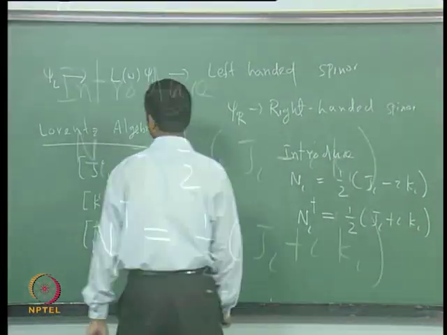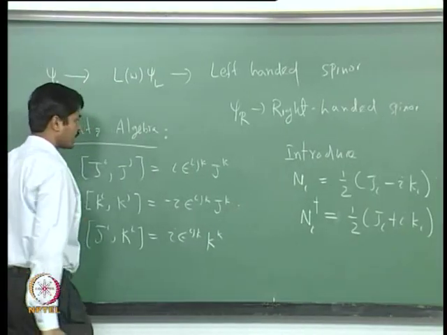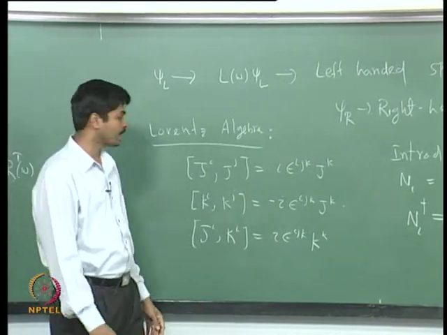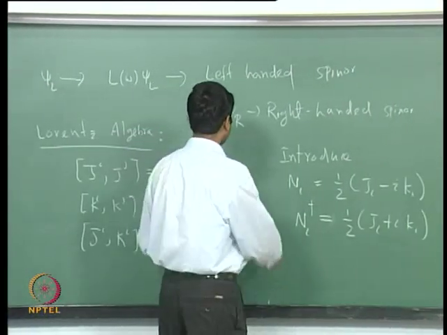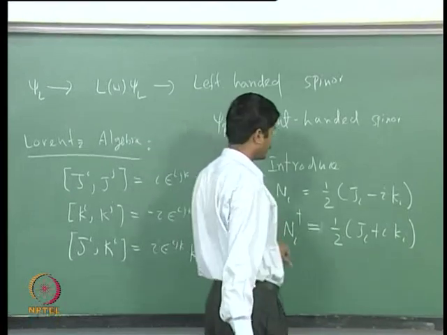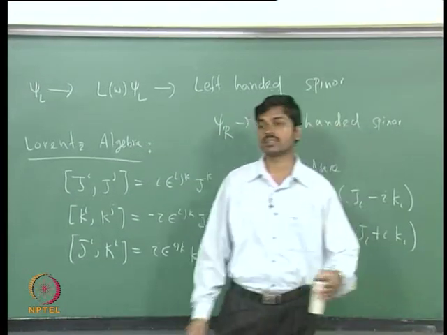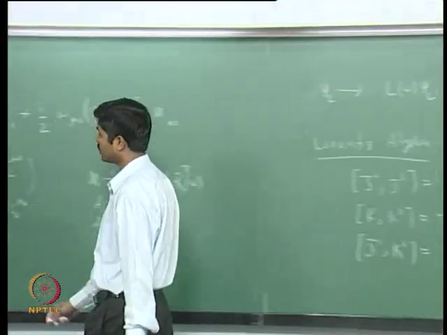Then I can look at the Lorentz algebra, and then I can ask what is this algebra in terms of the Ni's and Ni daggers. So let us work it out.